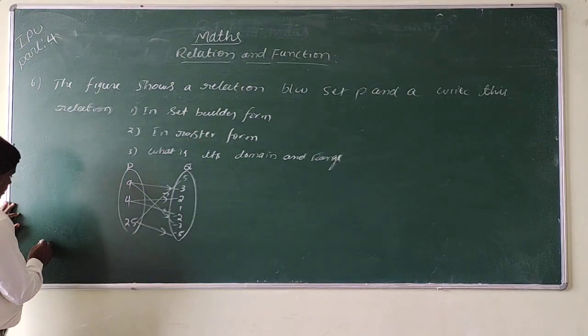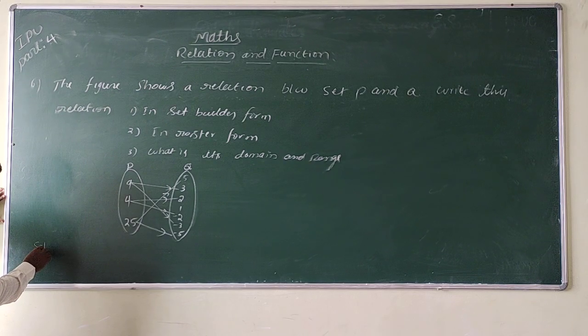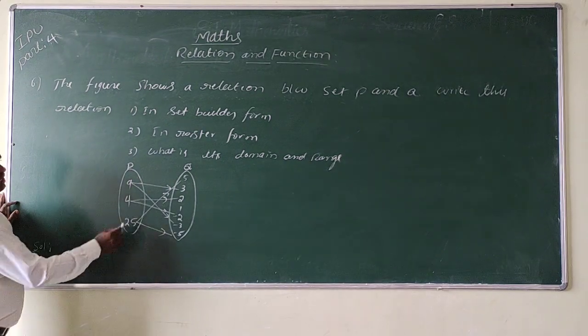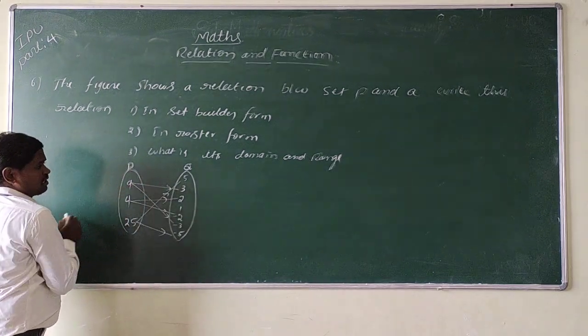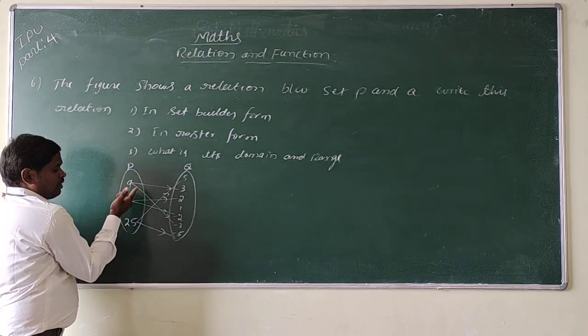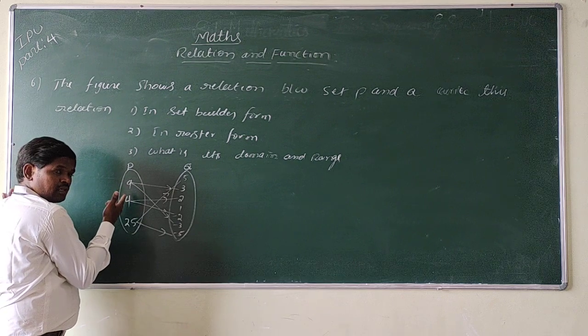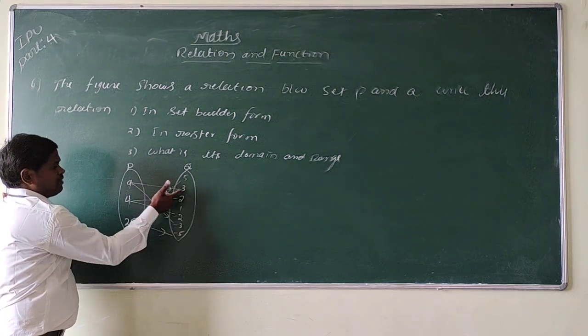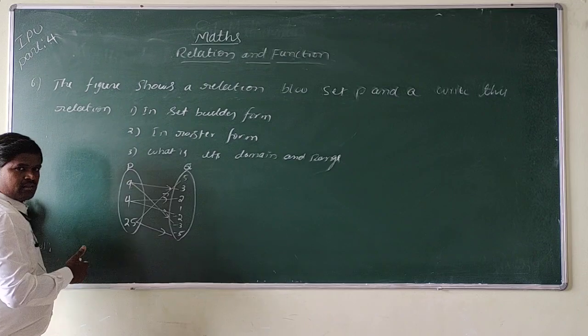Okay, solution. Observe here, this arrow diagram gives the visual representation of the relation. That means 9 is related with 3 and 9 is related with -3.